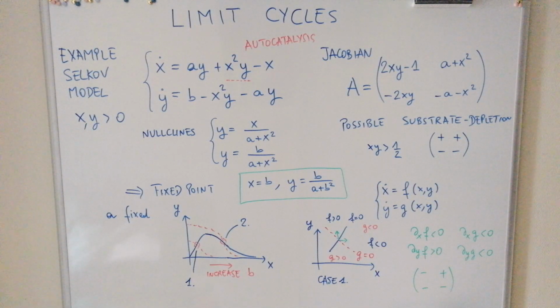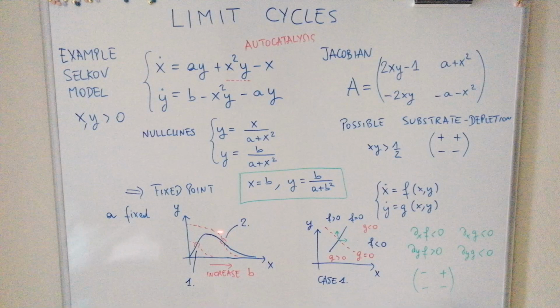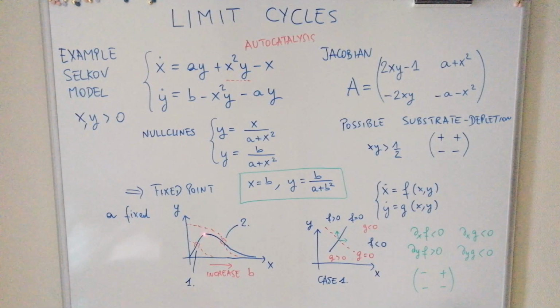There I can show that I get a sign pattern compatible with substrate depletion. So therefore, if there is a Hopf bifurcation, it will be only in this part where this dashed line has gone above the maximum and is intersecting the other curve, the blue curve, with the same derivative.